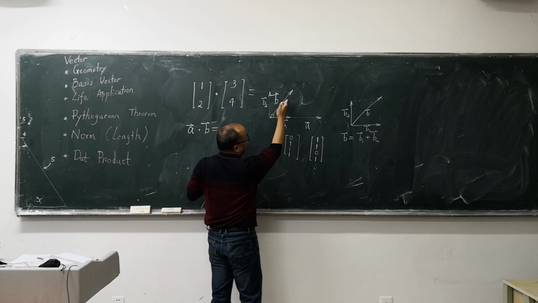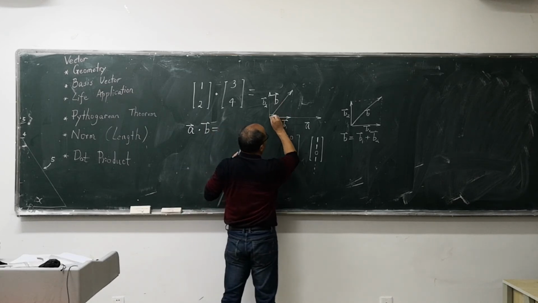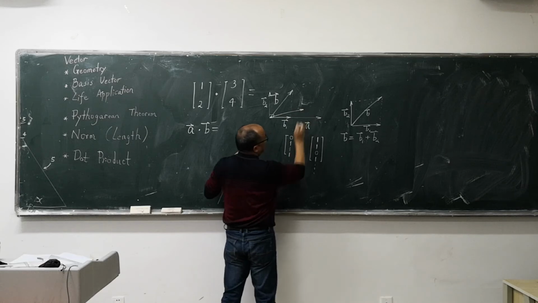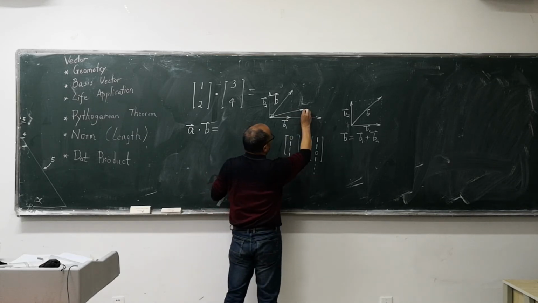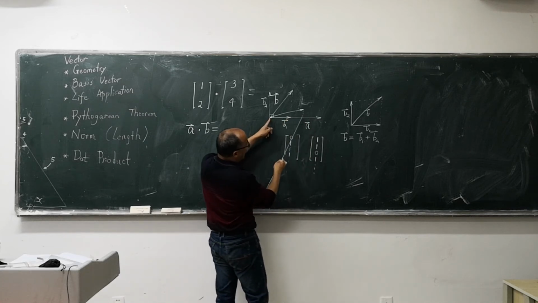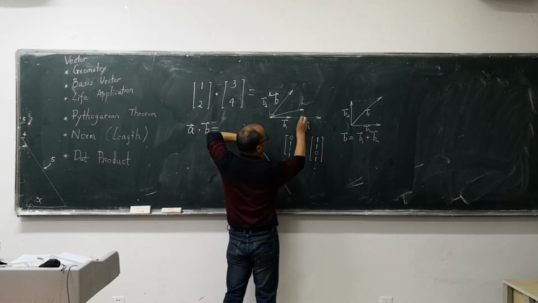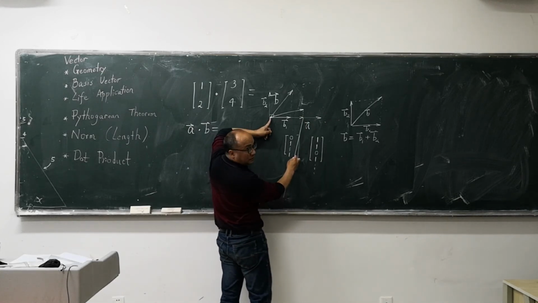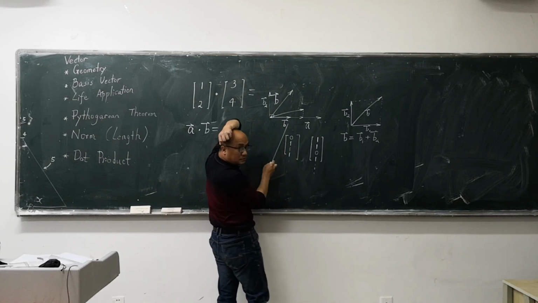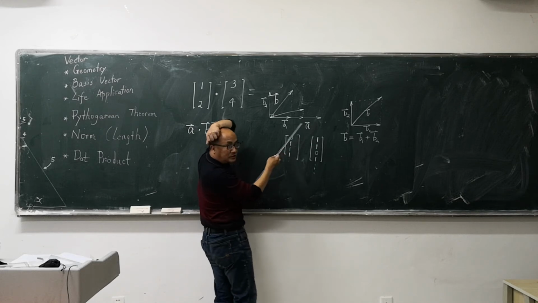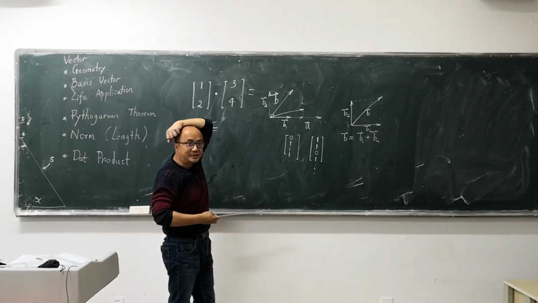And if another vector is like that, then this vector on A's direction is longer, right? So this person is more similar to this person. Comparing the two persons, this one and this one have more common interest, more similar.